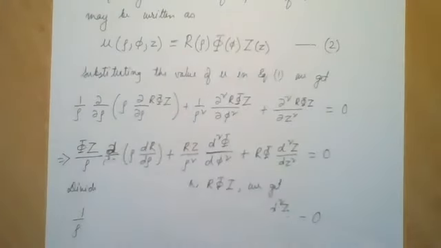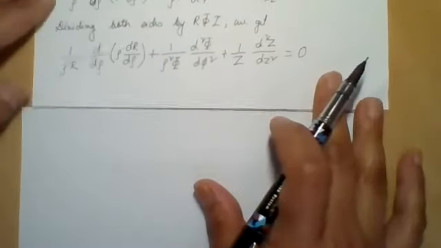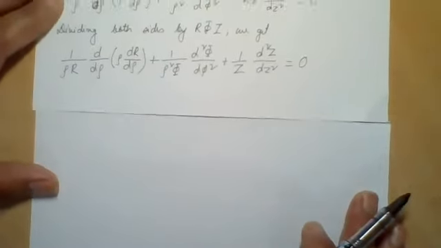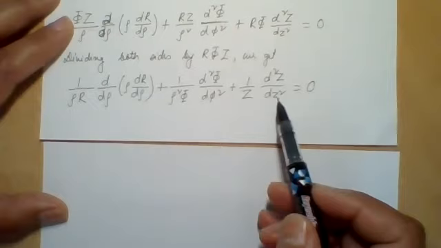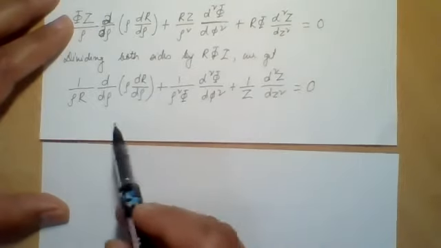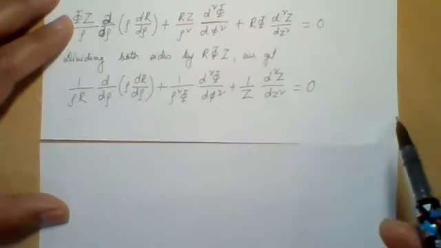What do we do next? Next, we keep 1 by Z, d2Z by dz square on the left hand side, and we take these two expressions towards the right.